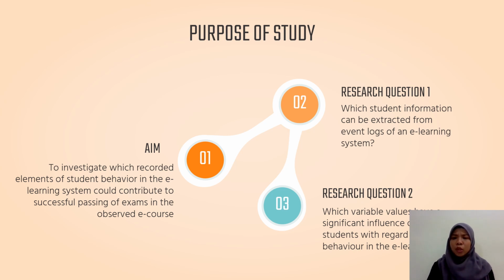The first one, which student information can be extracted from event logs of an e-learning system? The second one, which variable values have a significant influence on grouping students with regard to their behavior in the e-learning system? So, we will take a look at the methodology for further information.